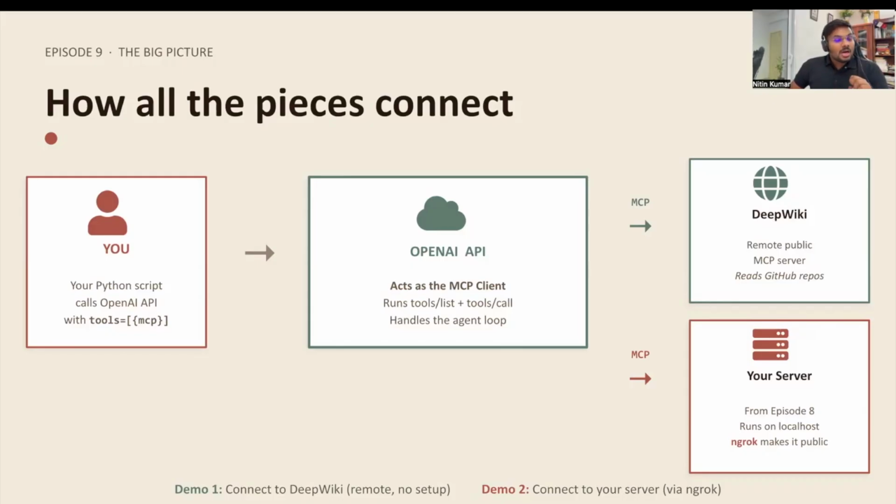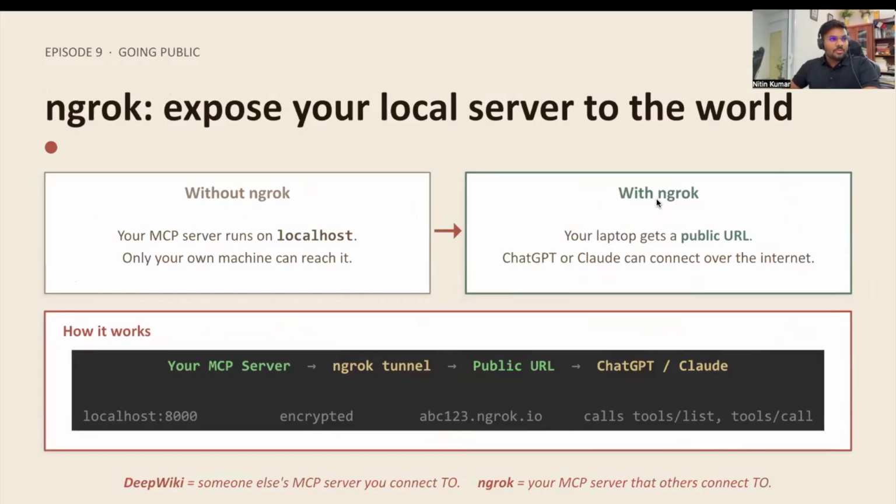We will also show how useful it is to get insights from your GitHub repo. And another one is the server we created in our previous episode, which has calculator, capital, and weather tools. So we are also going to use this server. In the end, we will integrate both MCP servers into OpenAI, and that's how it will work.